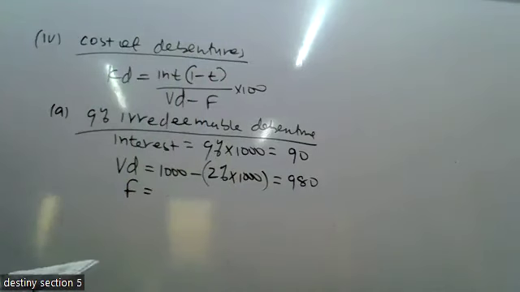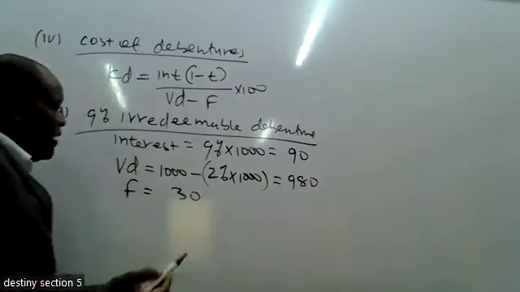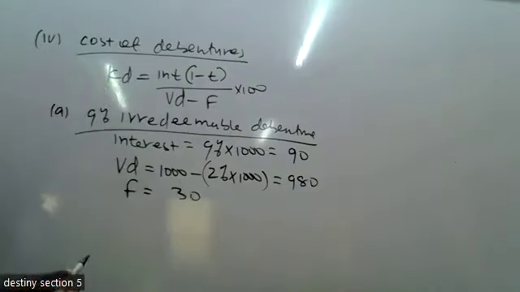The flotation cost was given as 30 shillings.